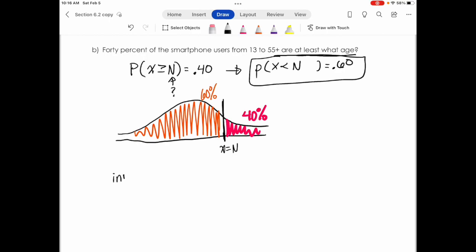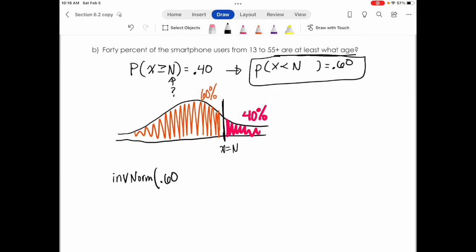So when I put my information in on the calculator to find inverse norm, I want to find the value for the 60th percentile. Even though we're looking for the 40% cutoff, so 40% is higher, we've got to put it in so that it's the 60th percentile because we want 60% to the left.